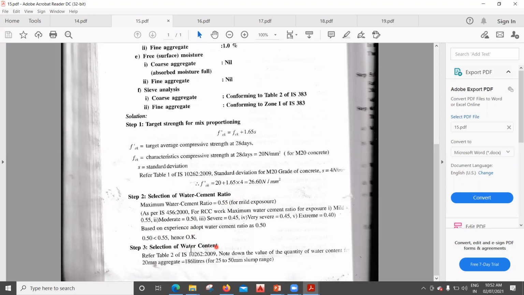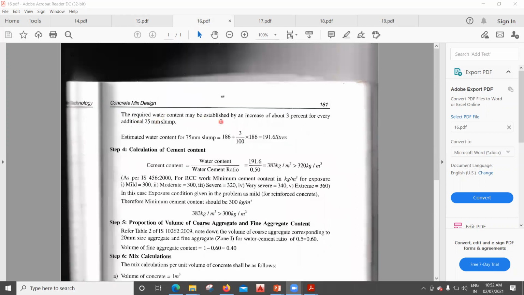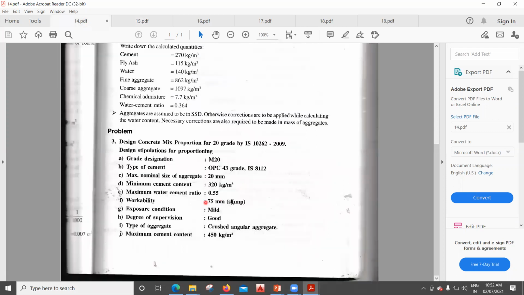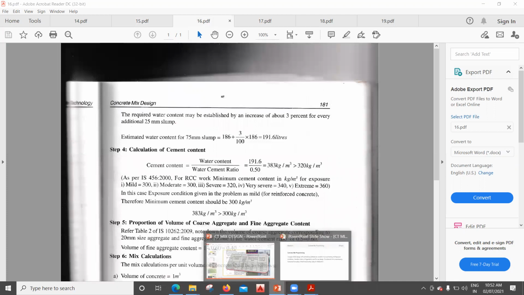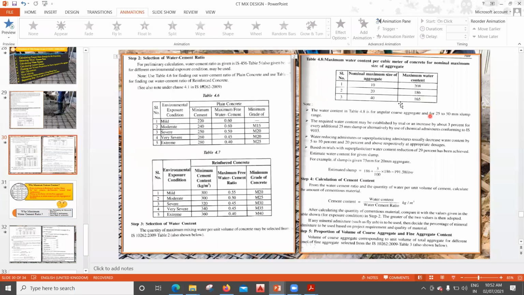Next is selection of water content. We know how it has to be done. The required water content may be established by an increase of about 3% for every additional 25 mm slump. First check what slump is given. The slump they are asking is 75 mm. For 20 mm size aggregate, the maximum water content is 186, but this table is for 50 mm slump.